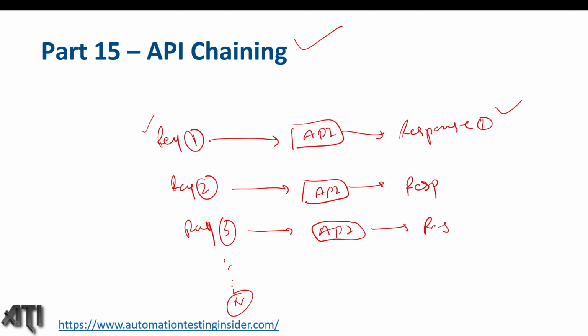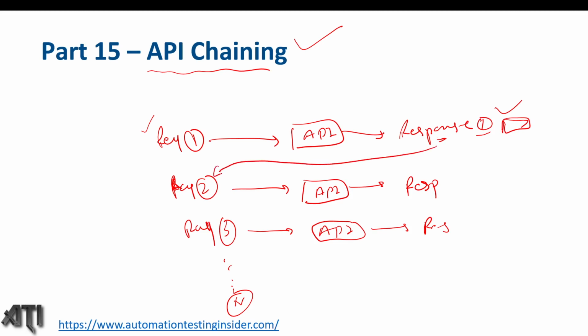Now, what do you mean by API chaining? Here is the concept. When we send the request, we get some response, and in the response body of this particular request we get some data. In the second request, request 2, we use some part of the data from response 1.